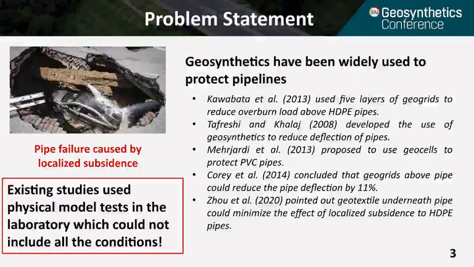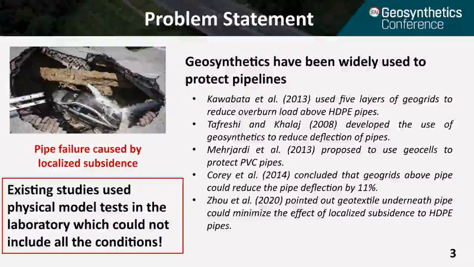The first one, Kawabata, did research using 5 layers of geogrids to try to reduce the overall load above the HDPE pipe. Basically, when you reinforce the soil, you will limit the settlement, which will lower the load transferred to the pipe when you have differential settlement.